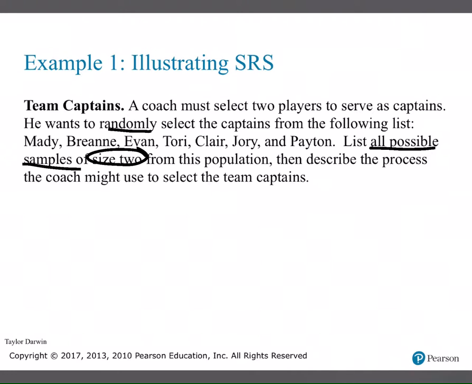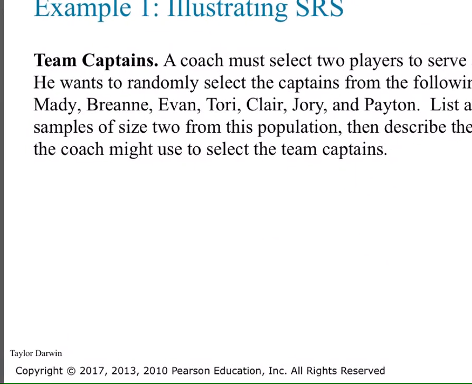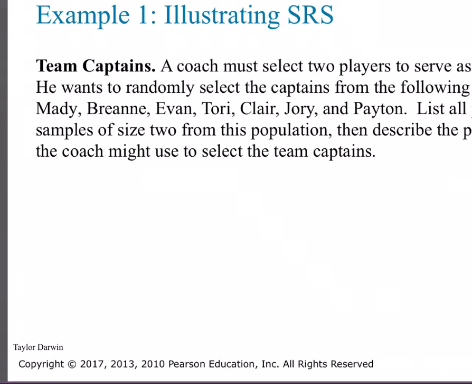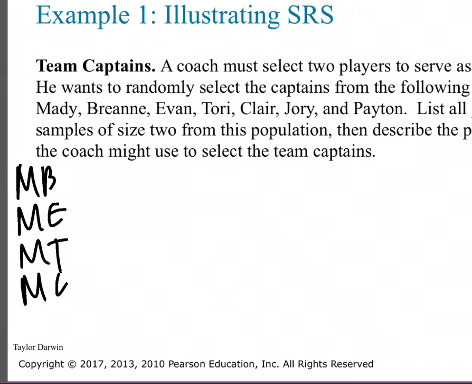So I'm going to show y'all first a good way to list all of these possibilities, and I'm going to do that by writing the girls' first letter in their name just to save room. And I'm going to zoom in a little bit. So we've got the possibilities. Maddie could be captain with Brienne, Evan, Tori, Claire, Jory, or Peyton. Those are all the possibilities with Maddie.